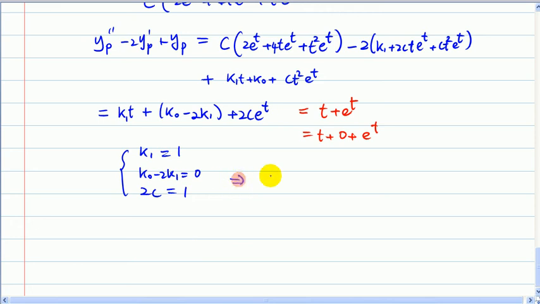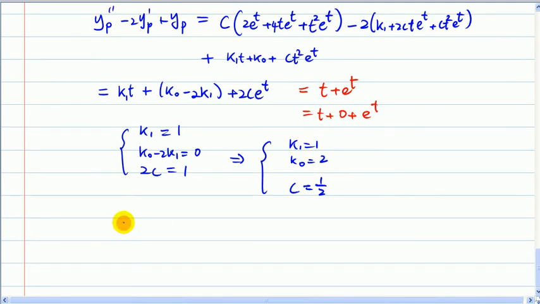That's a very simple linear equation. So k1 equals 1, k0 equals 2, and c equals 1 over 2. So that's the solution. Apparently your yp is t plus 2 plus 1 over 2 t squared et.